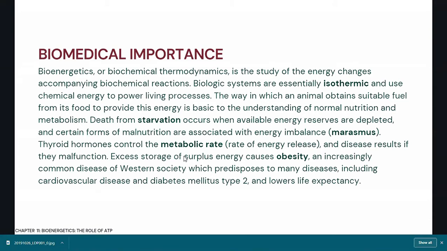Biomedical importance. Well, this has got to do with nutrition, no? Because it says here starvation, marasmus, metabolic rate, obesity. No.